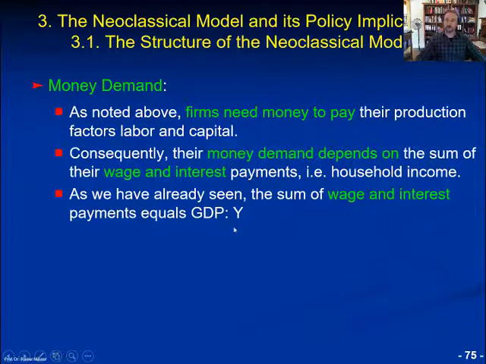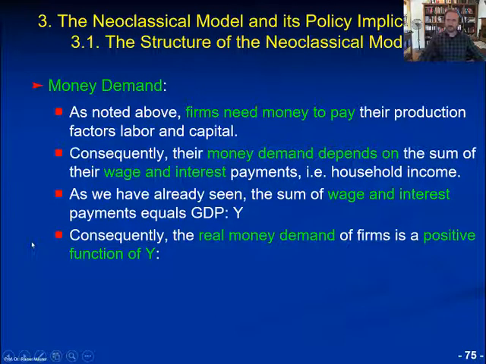As we have already seen, the sum of wage and interest payments, household income, equals GDP under the assumptions of the neoclassical model. We use capital letter Y as a shortcut for GDP. Consequently, the real money demand of firms is a positive function of GDP.